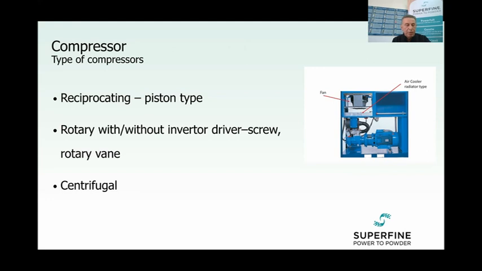Since the amount of pulled atmospheric air is increased in the receiver or storage tank, the volume is reduced and the pressure is rising automatically. In simpler terms, free atmospheric air is compressed by reducing its volume and at the same time increasing its pressure. There are three major types, namely reciprocating, rotary screw and rotary vane, and centrifugal compressor.